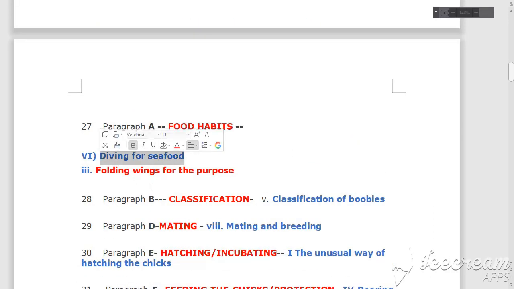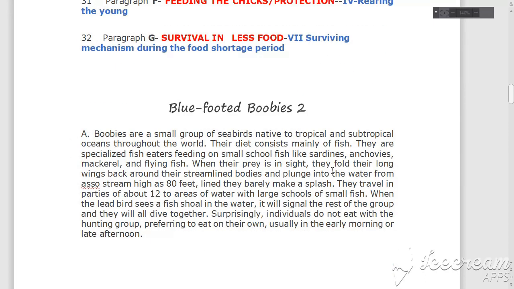Why are they diving in the paragraph? If we see the whole activity, they're telling us that the boobies are diving into the ocean for getting the fish, which is their food. So we can say seafood, and for seafood they are diving into the ocean.